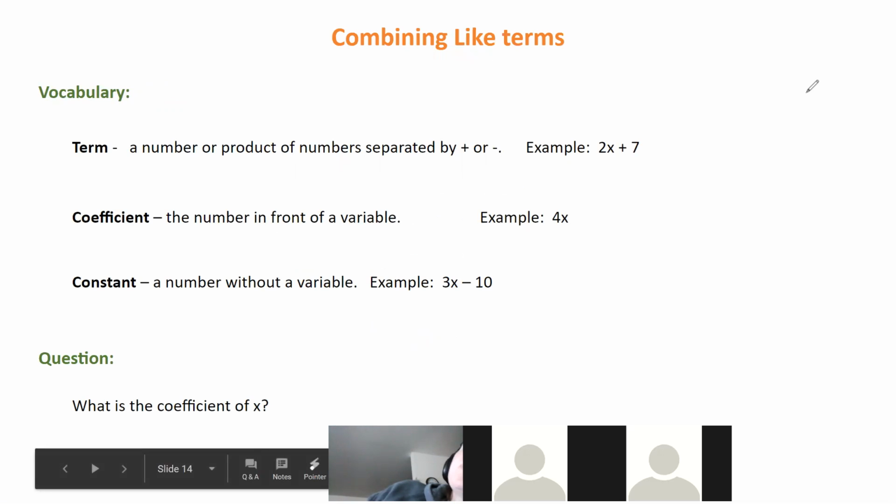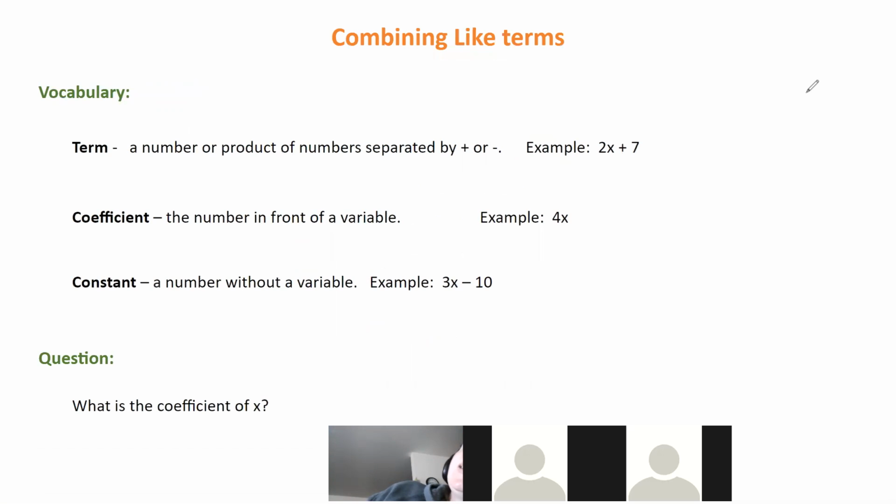Okay, so these are some of the words that you need to be really familiar with. A term is a number or product of numbers separated by a plus or a minus. An example here is 2x plus 7. There are 2 terms there. What are the terms in that first example? So in that first example, what is one of the terms?